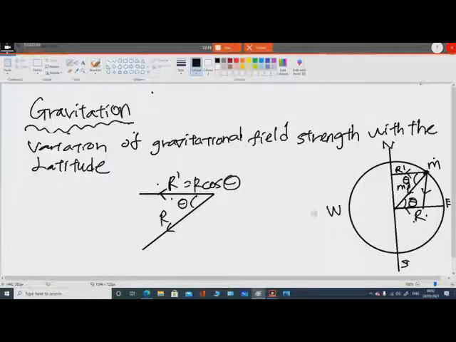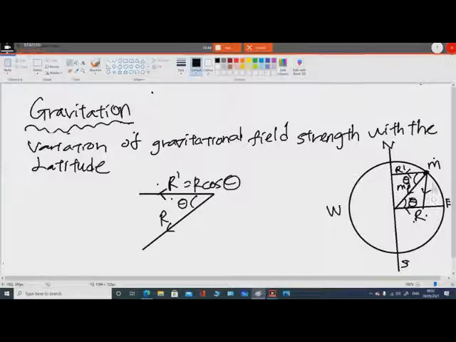Okay, so we know that the mass m is located at r prime.